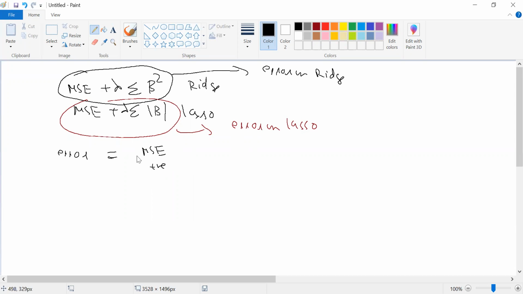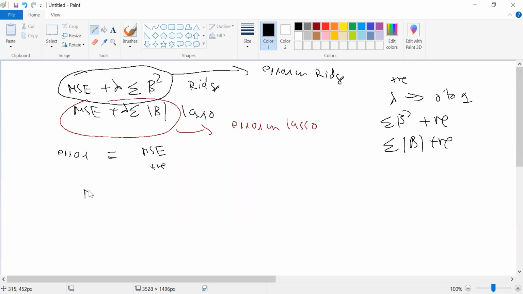Okay, and I have said lambda value मैंने ली है. Lambda value I have taken between 0 to 1, though it can be anything, but as of now I am taking between 0 to 1. So lambda is also positive, let's say. And what about summation beta square? This would also be positive. Summation mod beta positive ही होगी.